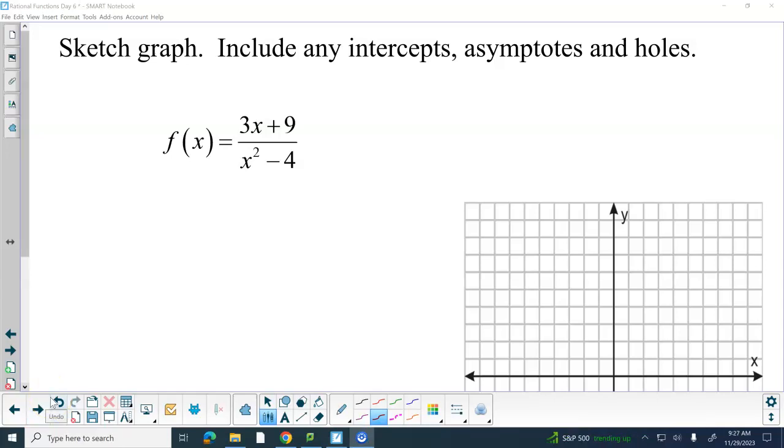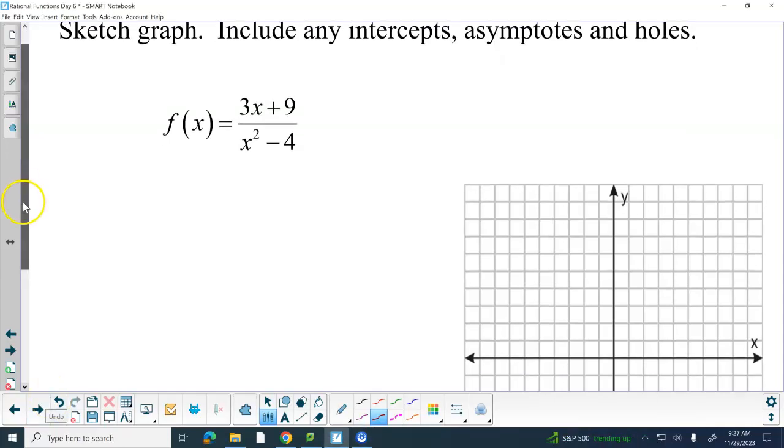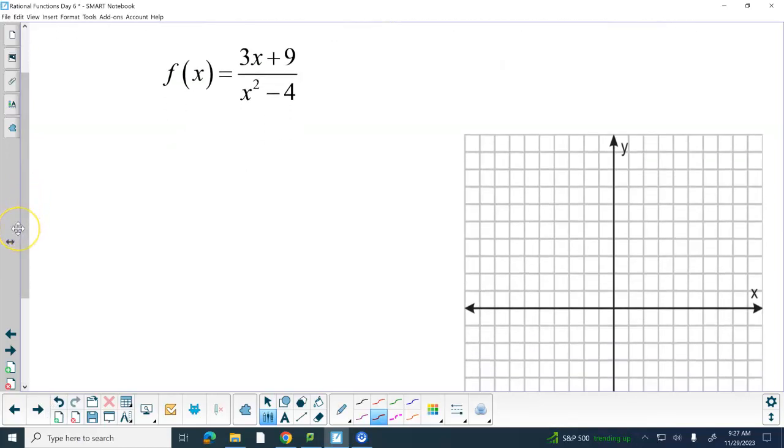Alright. So, let's work our steps. Step 0. Factor, right? Does the top of this one, the numerator, factor? What can we factor out? 3. Factor out a 3. Bottom, does it factor?